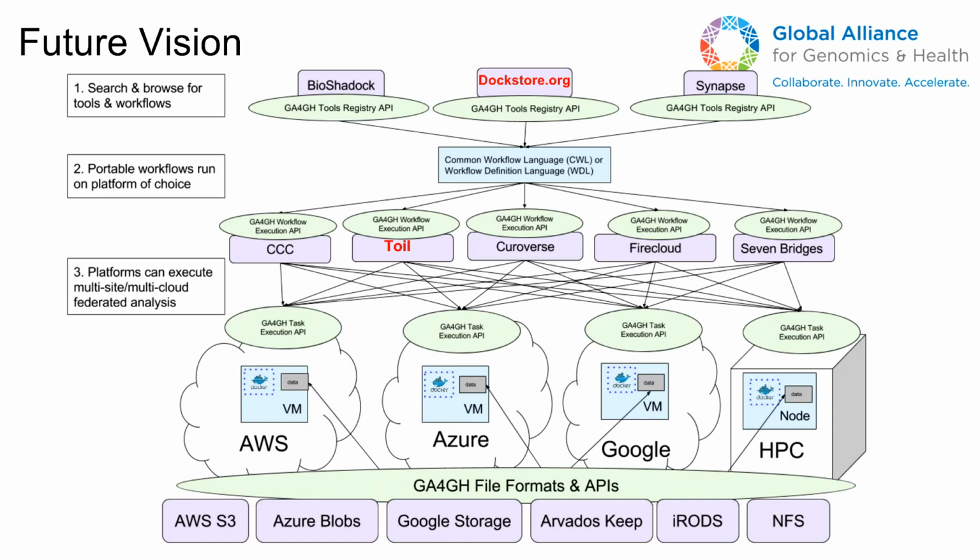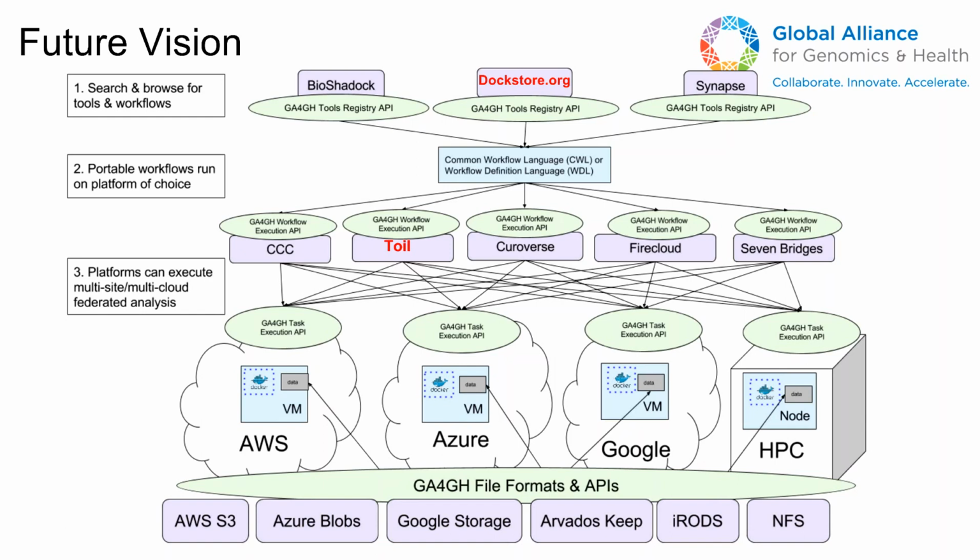It's not a commitment by Curaverse or Seven Bridges or Synapse to support this. This is just a concept of how we might all work together in the future. The idea here being that using this GA4GH API for tool registry, we could have many registries like Dockstore. This is what we want to see happen.